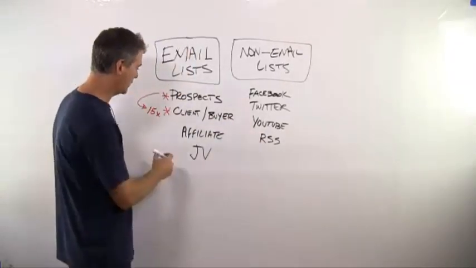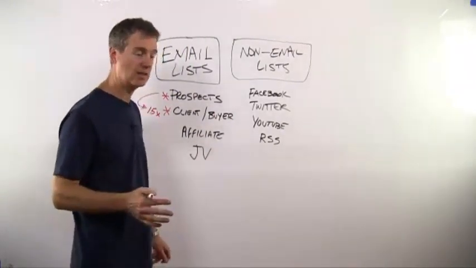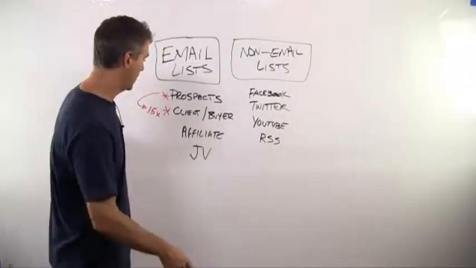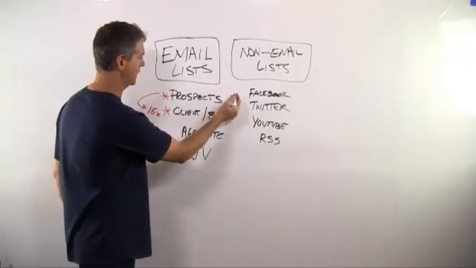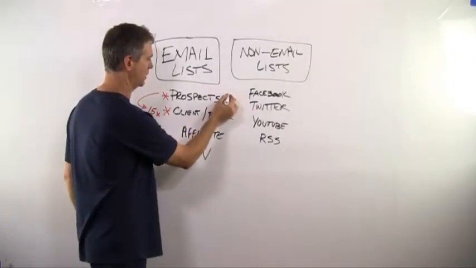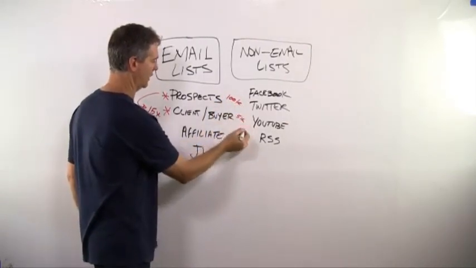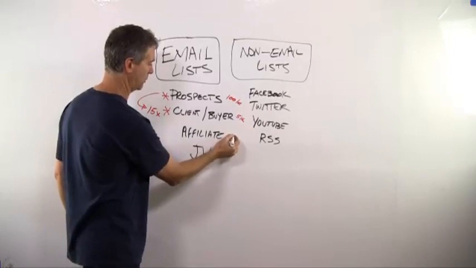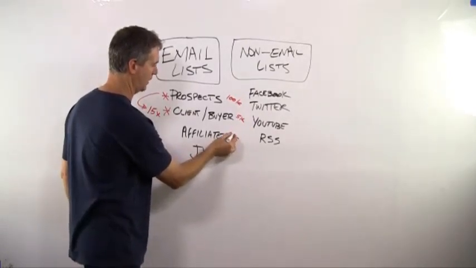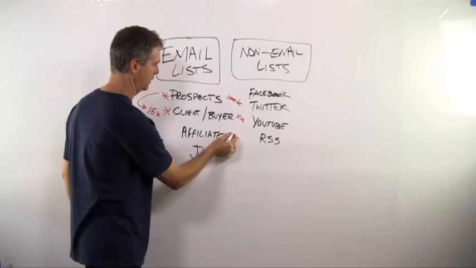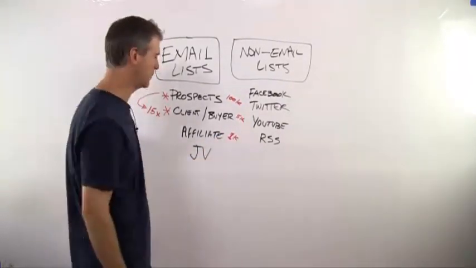Now, down here, my business is very much driven by affiliates and by joint venture partners. And so, if this is a big list, if this one's 100,000 people, then this one is 5,000 people. Then my affiliate list might be 1,000 people. These numbers are hypothetical.